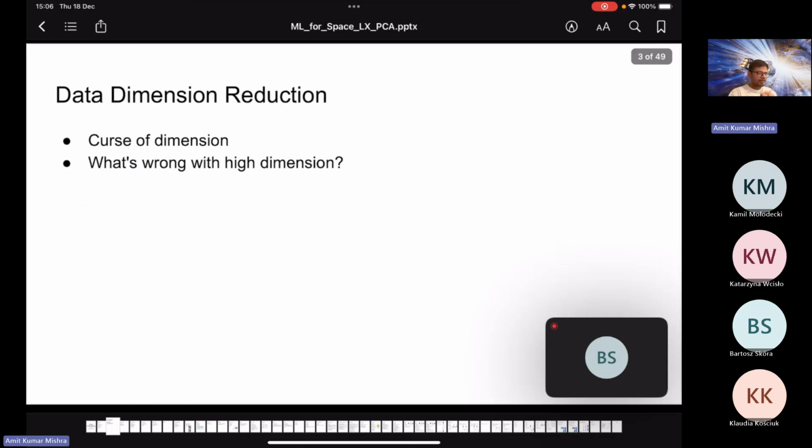Okay, right. So one of the main motivations behind principal component analysis is reducing the dimension of the data. Now, dimension of the data is an interesting part, and it depends how we define it.